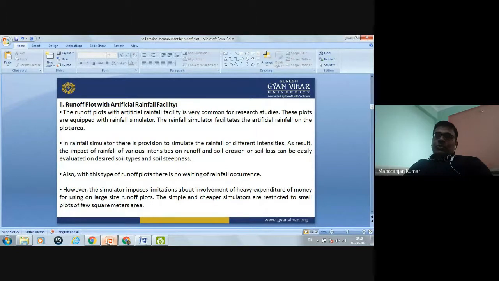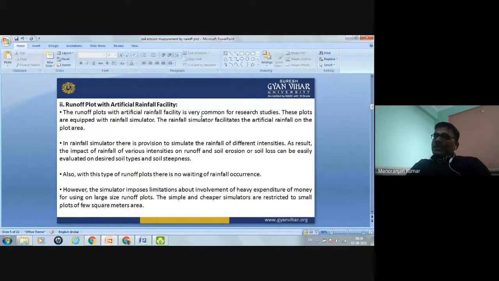But if the runoff plot is large, you have to make a large simulator, so it will cost more. So the simple and cheaper simulators are restricted to small plots of few square meters area only. So this is the disadvantage related to this rainfall simulator or artificial rainfall facility. Otherwise, it is better than the previous one.